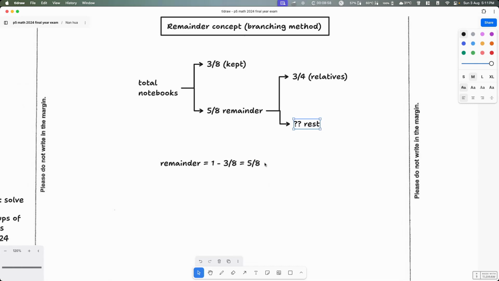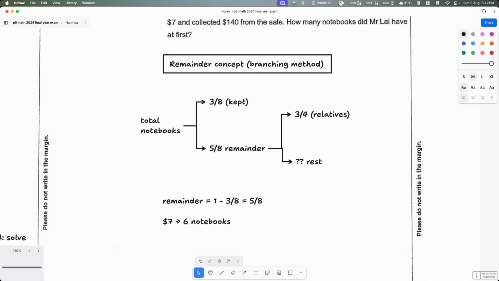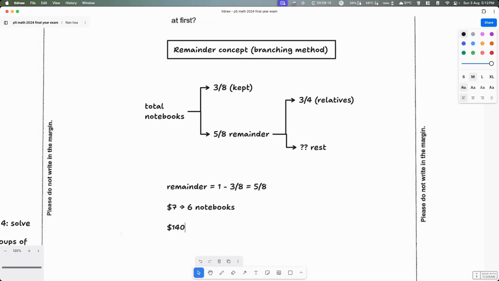So it says here, $7 is equal to how many notebooks? This will be 6 notebooks. Then in this case, he collected $140. That means you multiply by 20, so 6 times 20.